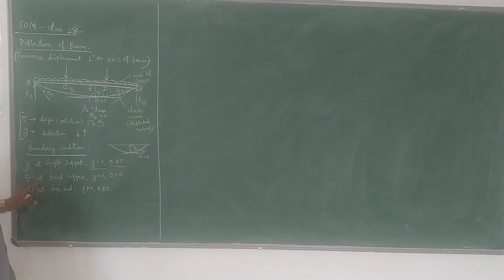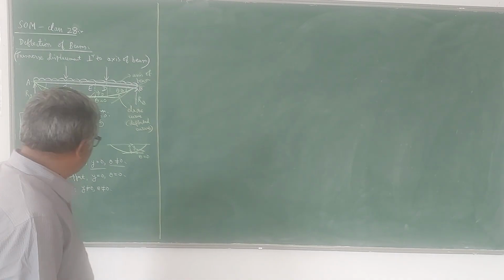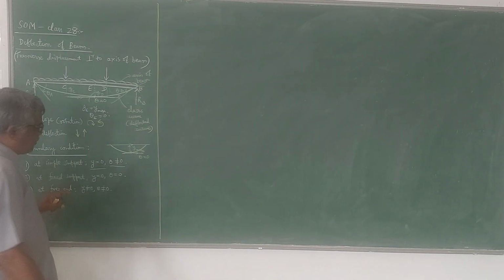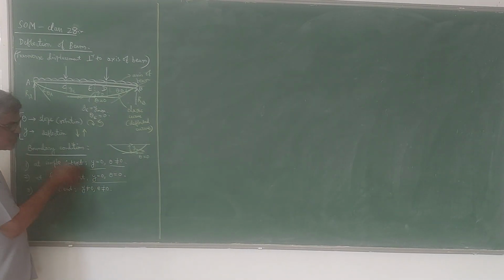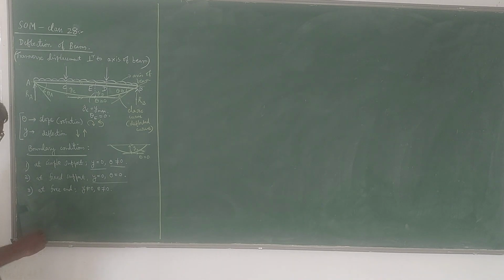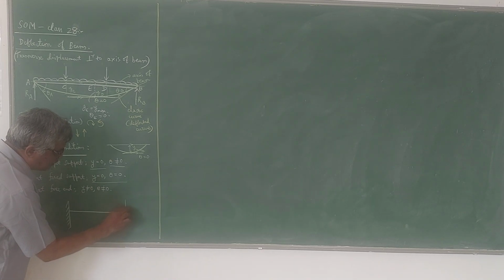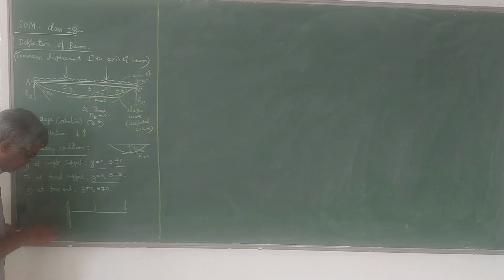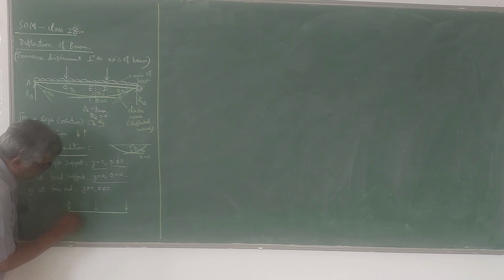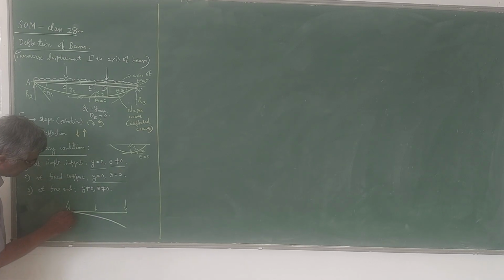On the other hand, if it is a fixed support, as in the case of a cantilever beam or a fixed beam, you have both deflection and slope 0 at the fixed support. For example, if you have a cantilever like this, subjected to some loading like this, let us say the deflected shape of the axis will be something like this. At A, both theta and deflection are 0.